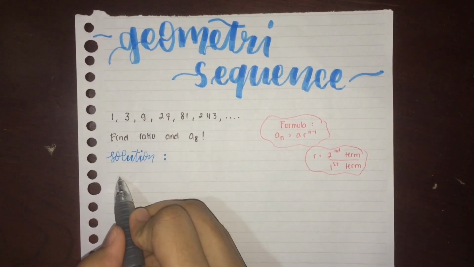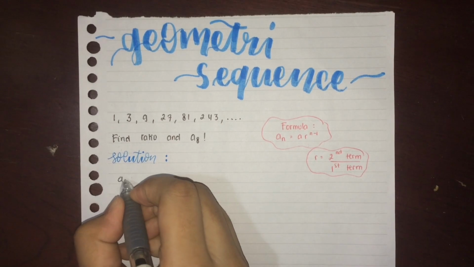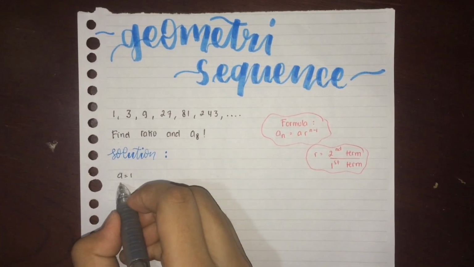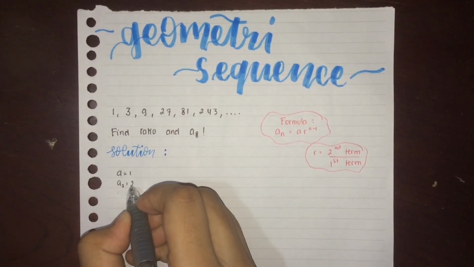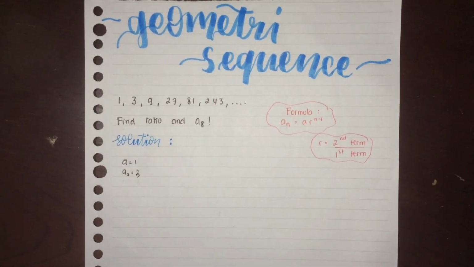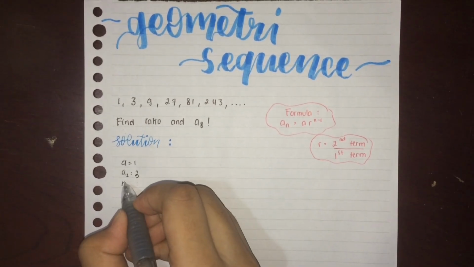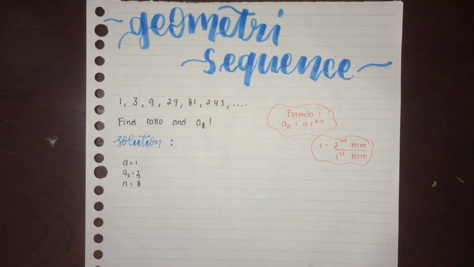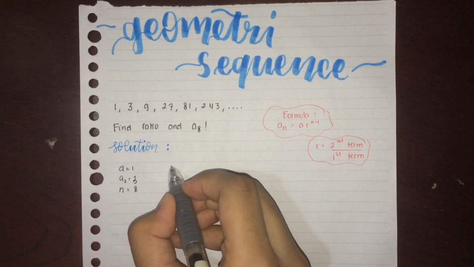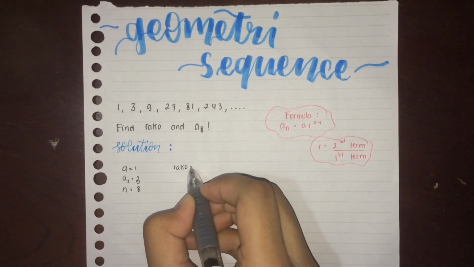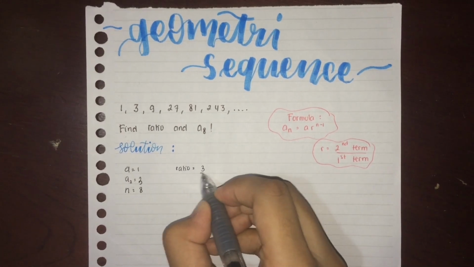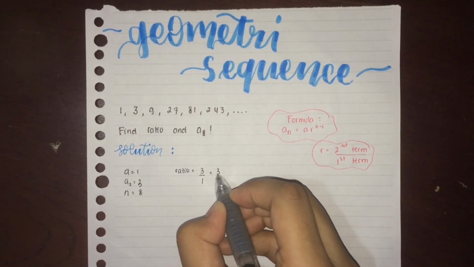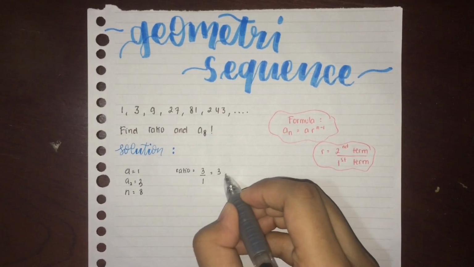And we know that the first term is 1. The second term is 3. And the nth term is 8. So we can find the ratio. 3 divided by 1 is equal to 3. So, the ratio is 3.